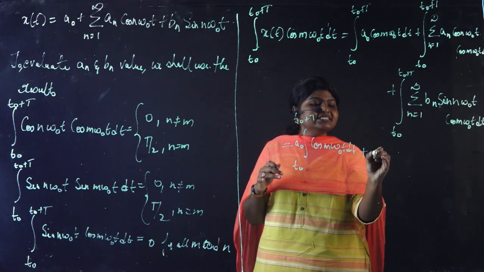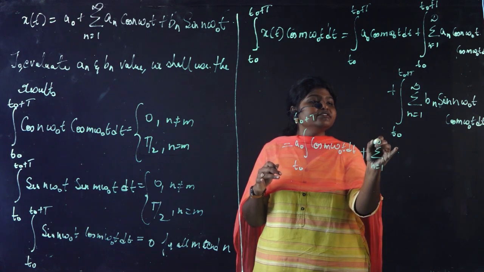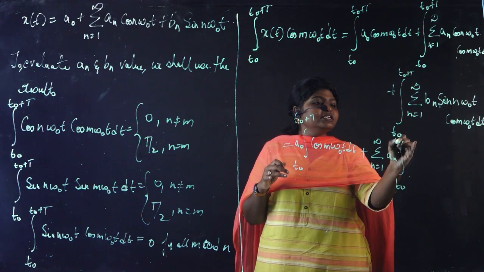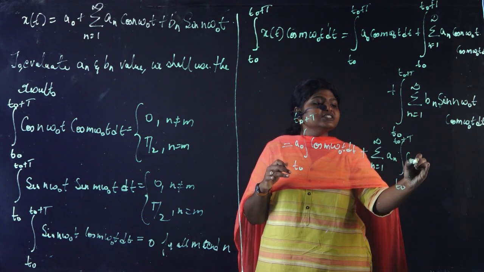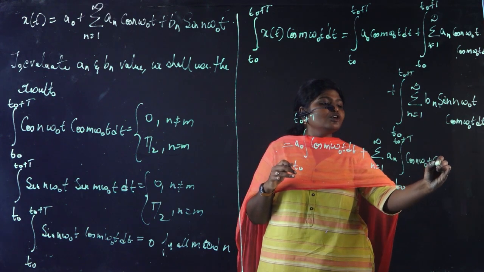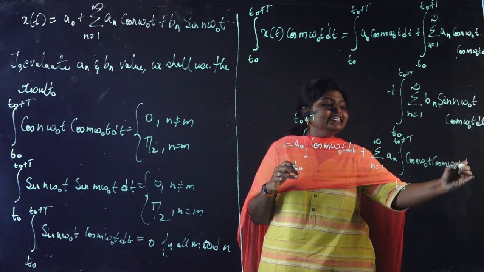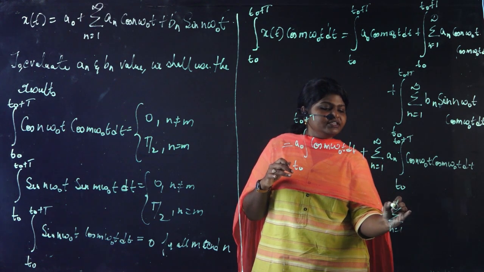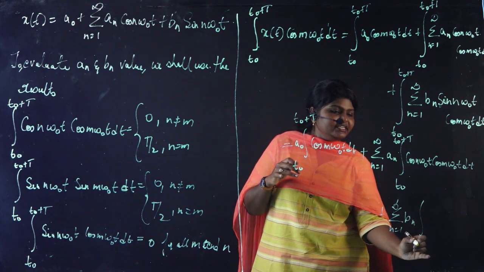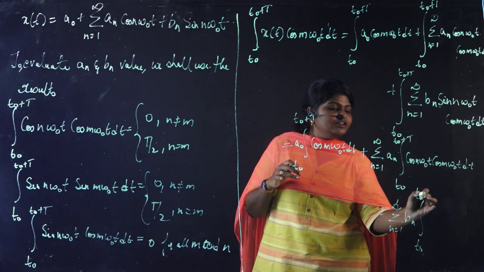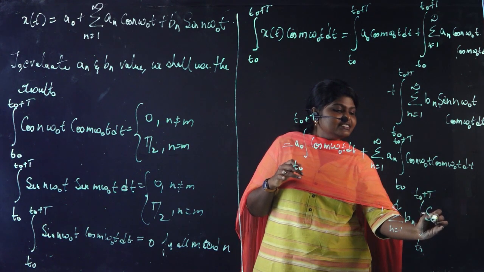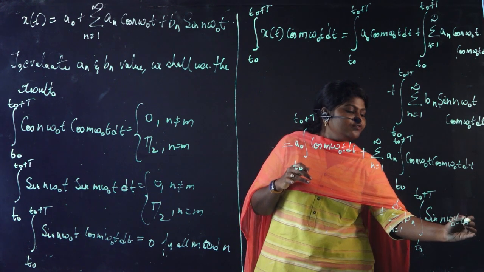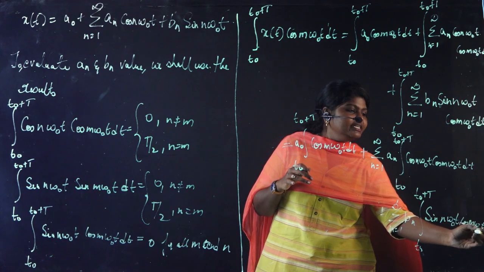And this will be sigma n equals 1 to infinity An, and then the integration from T naught to T naught plus T of cos n omega naught t into cos m omega naught t dt, plus sigma n equals 1 to infinity Bn, the integration from T naught to T naught plus T of sin n omega naught t into cos of m omega naught t dt.